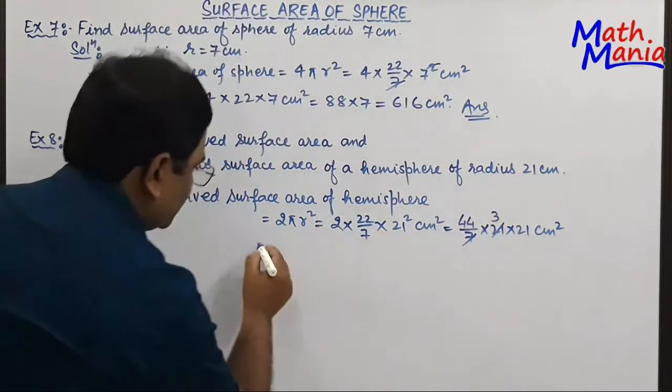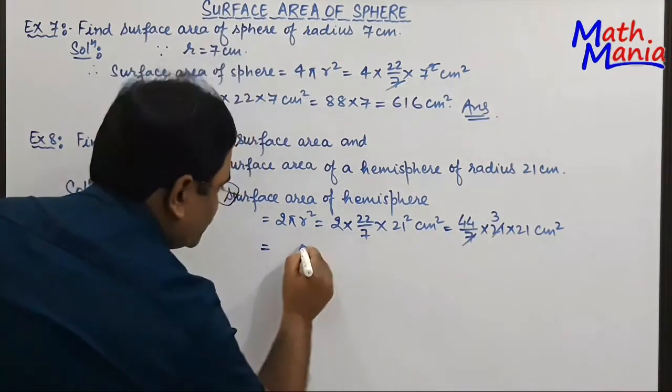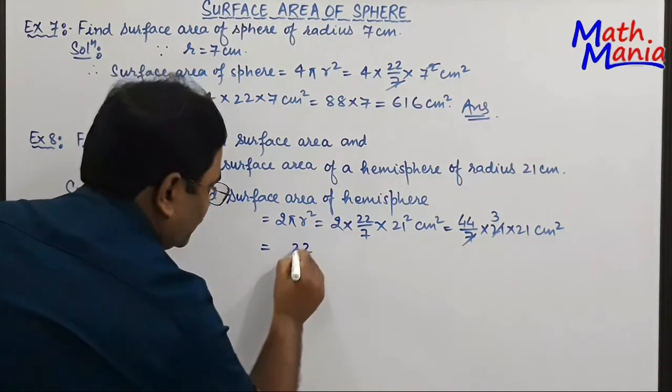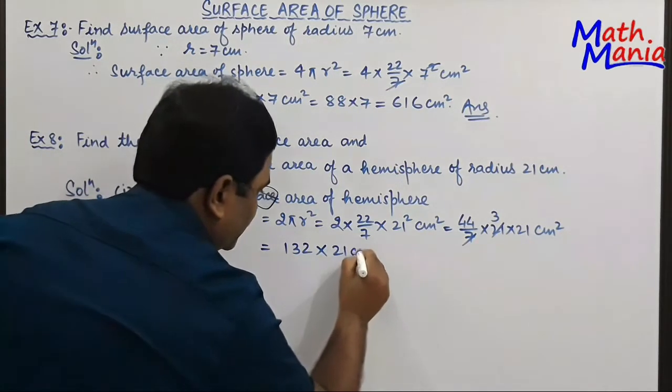Now it can be written as 4 3 4s are 12, 3 4s are 12, 1 13 multiplied by 21 centimeter square.